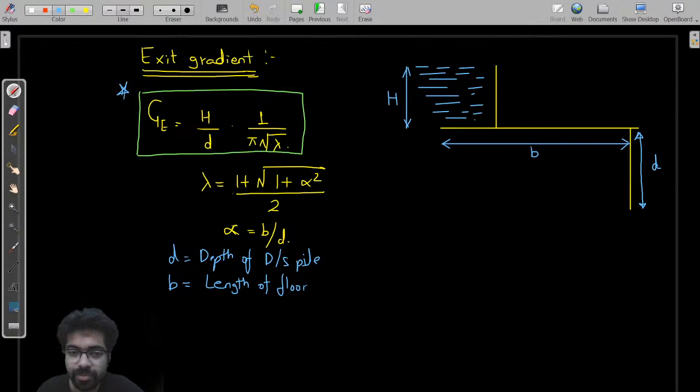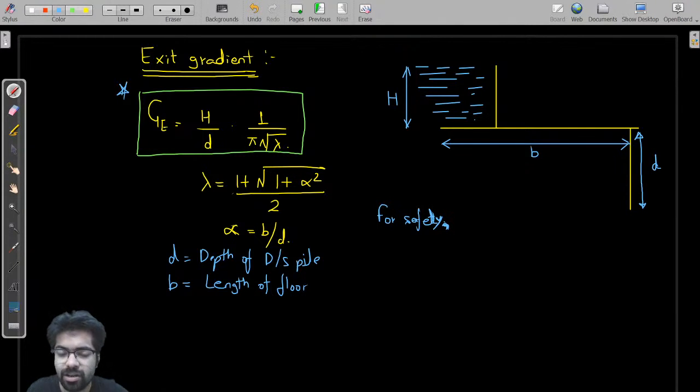Now listen very carefully. From a safety point of view, your exit gradient should be as low as possible, in order to prevent undermining. So you will use some factor of safety and reduce it.